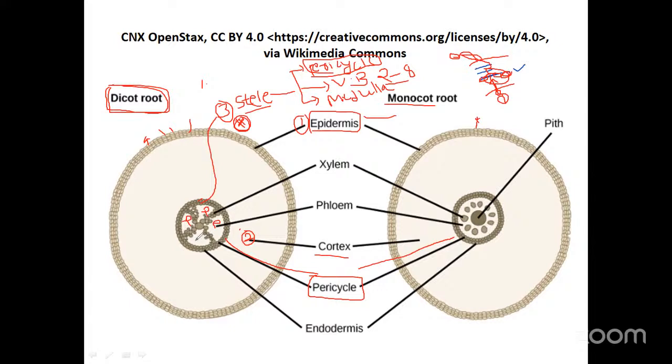So this type of arrangement is there, and in the arrangement of xylem, the protoxylem is outside and the metaxylem inside. So this condition is called exarch condition. Almost the medulla may be less or disappear. We can't see the medulla here.